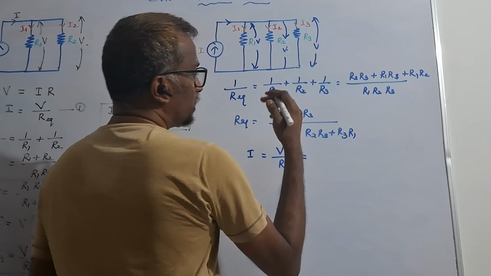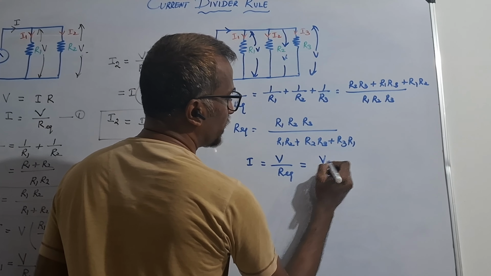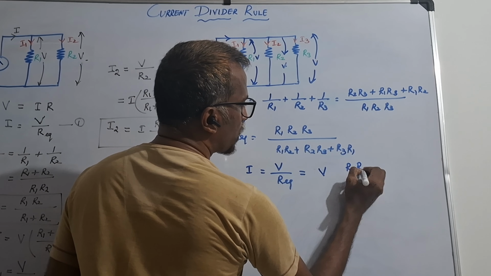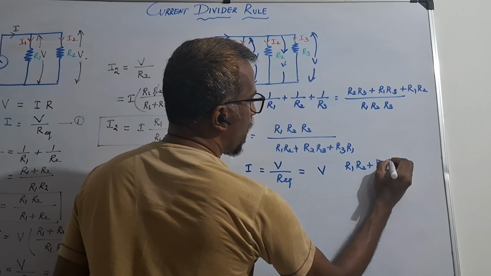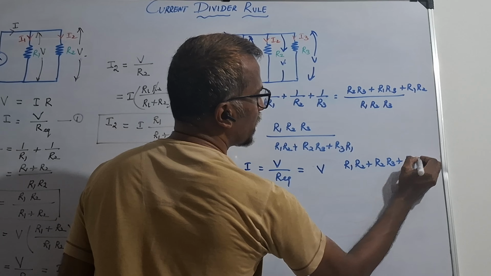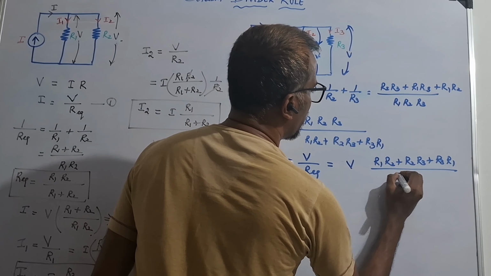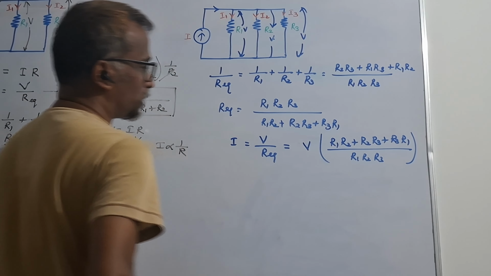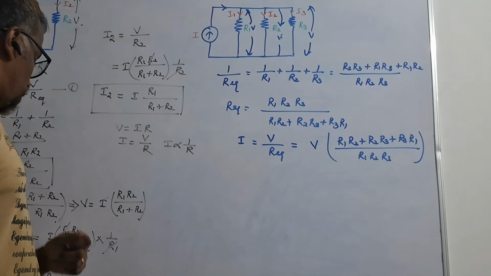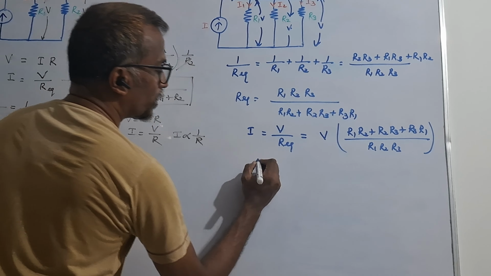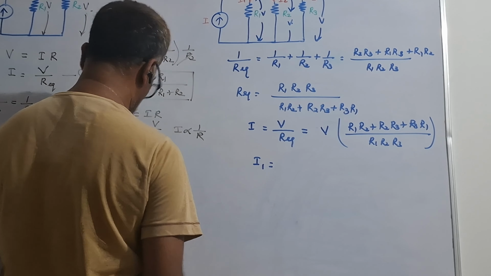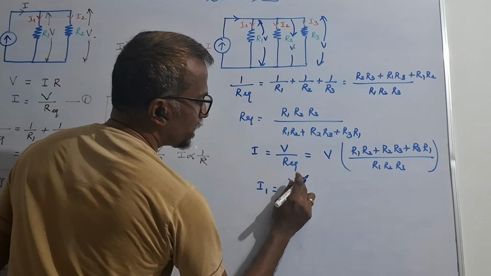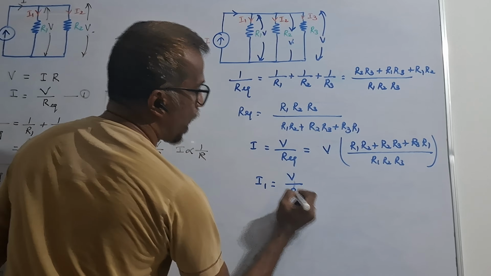We will get V into R1 R2 plus R2 R3 plus R3 R1 divided by R1 R2 R3. Now we are going to find I1. I1 is equal to voltage divided by R1.